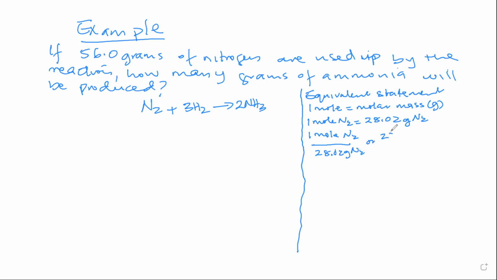Or 28.02 grams of nitrogen over 1 mole of nitrogen. We need the molar mass of ammonia because the answer will be in grams.